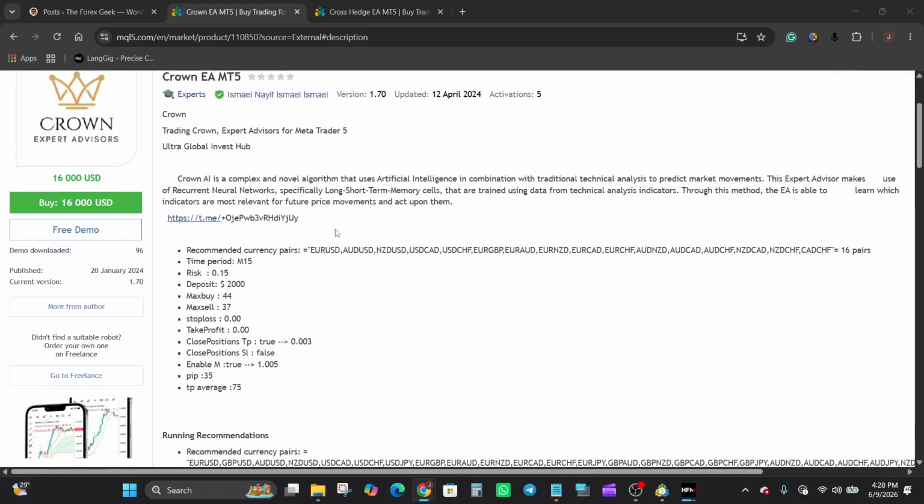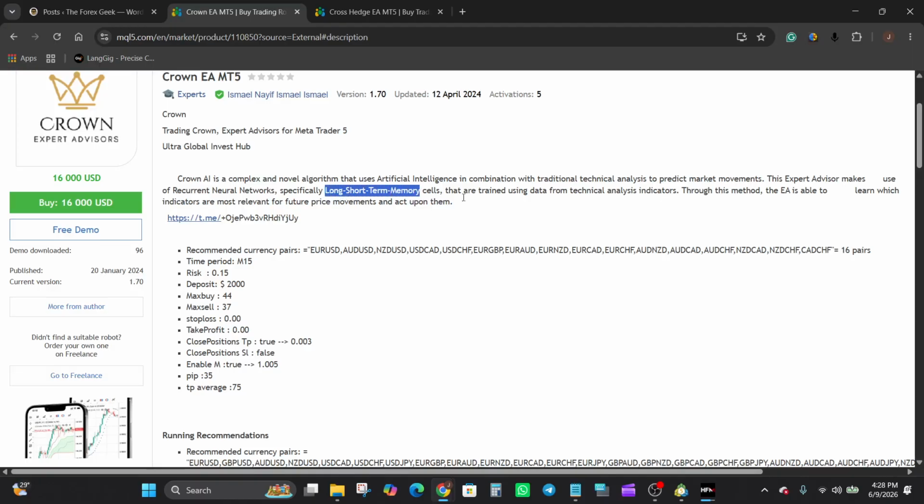Okay, as I scroll through the description, the developer explains that Crown AI, as you can see here, combines traditional technical analysis with artificial intelligence. According to the product page, the system uses recurrent neural networks, specifically long short-term memory, or LSTM cells, which are trained using data from technical analysis indicators.